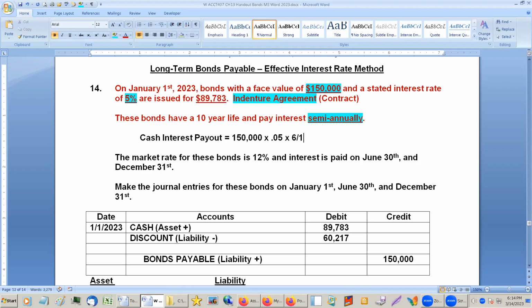You could also just divide it by 2, same thing. Equals some number: $3,750.